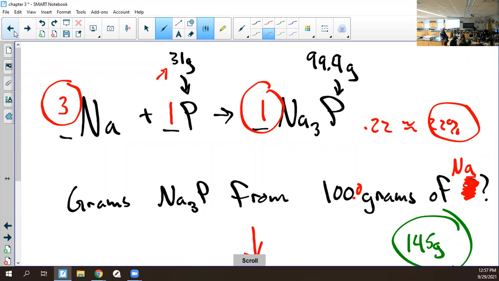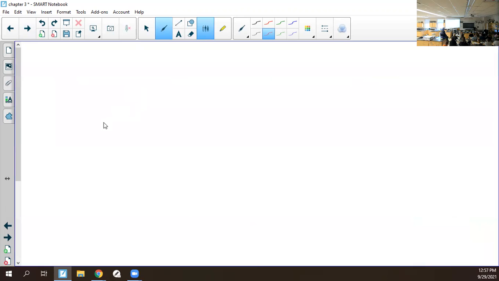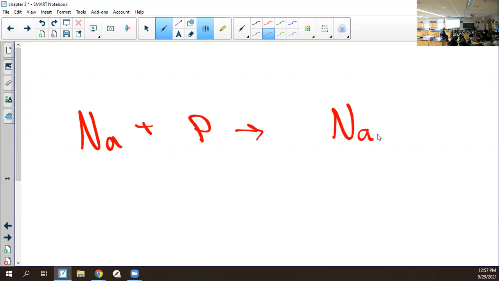All right. We have, try this problem tonight. Let me rewrite it. So it was Na plus phosphorus goes to Na3P.